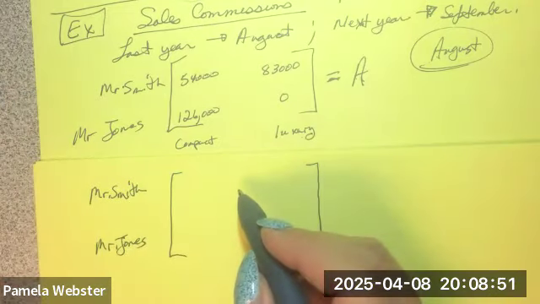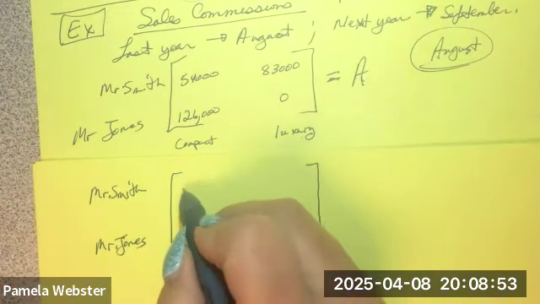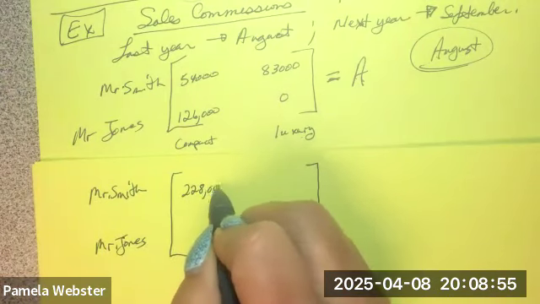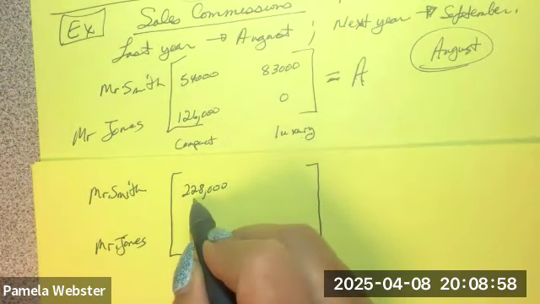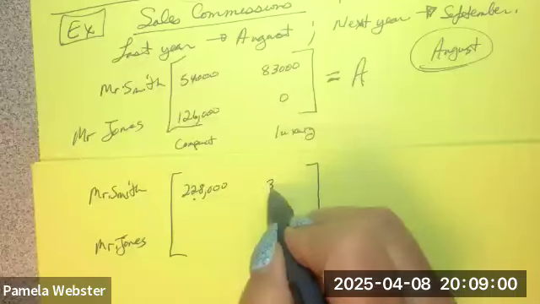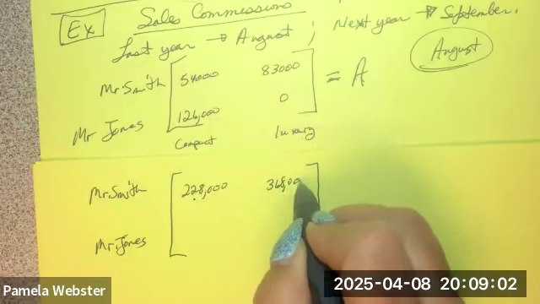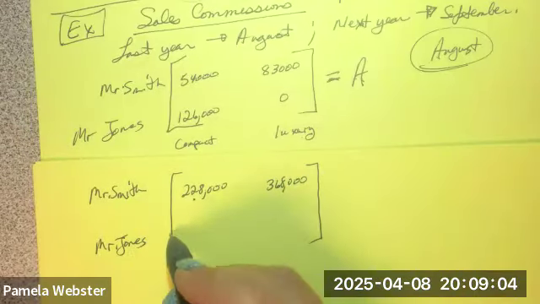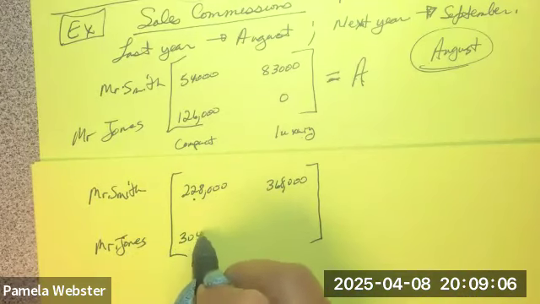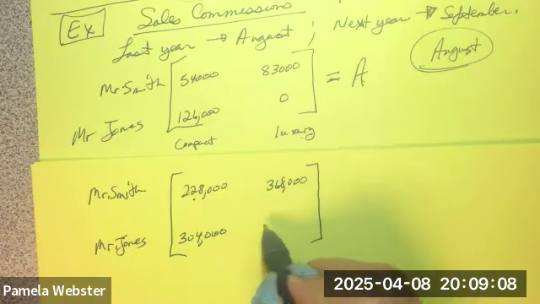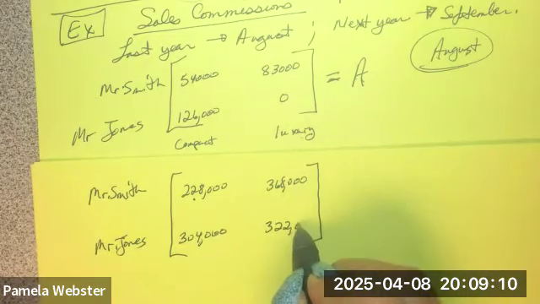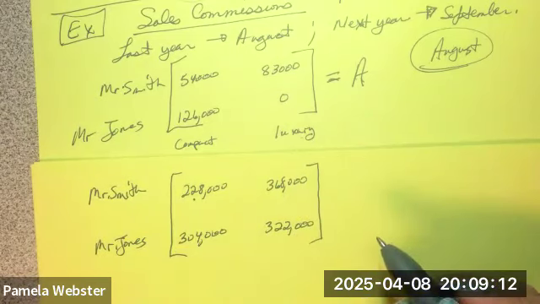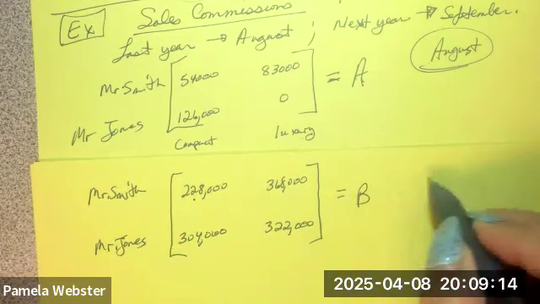In this one, we've got $228,000 for compact for Mr. Smith, and $368,000 for luxury. For Jones, it's $304,000 in compacts and $322,000 in luxury. And we're going to call this B.